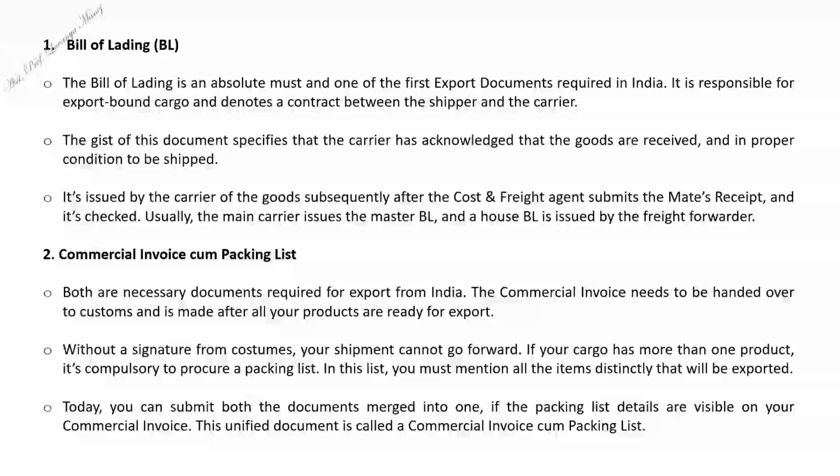It's issued by the carrier of the goods after the cost and freight agent submits the mate's receipt. That is another document we will discuss, the mate's receipt and its check. Usually the main carrier issues the master BL, BL being bill of lading, and a house BL is issued by the freight forwarder.